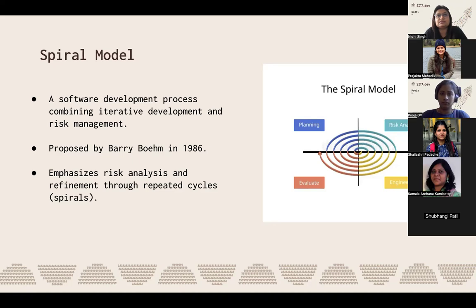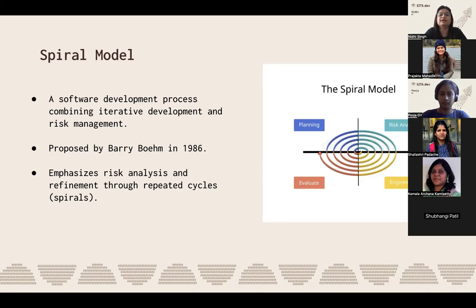Iterative development means repeated development in repeated cycles. Iterative means repeated. So when we combine risk analysis and iterative development together, the fundamentals of the spiral model begin. It emphasizes risk analysis and refinement through repeated cycles.